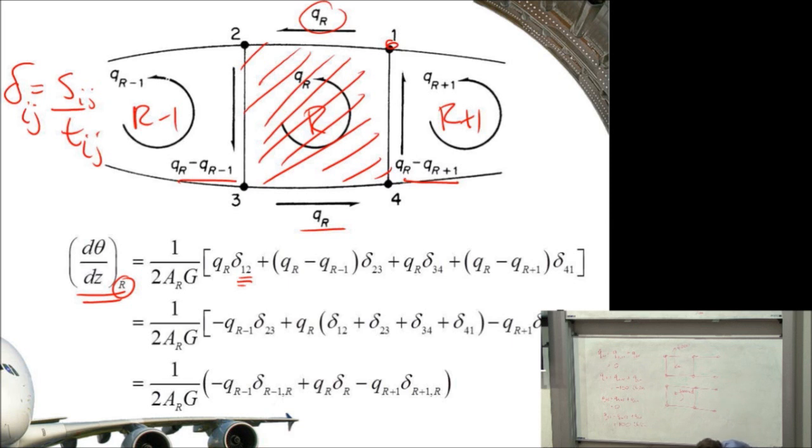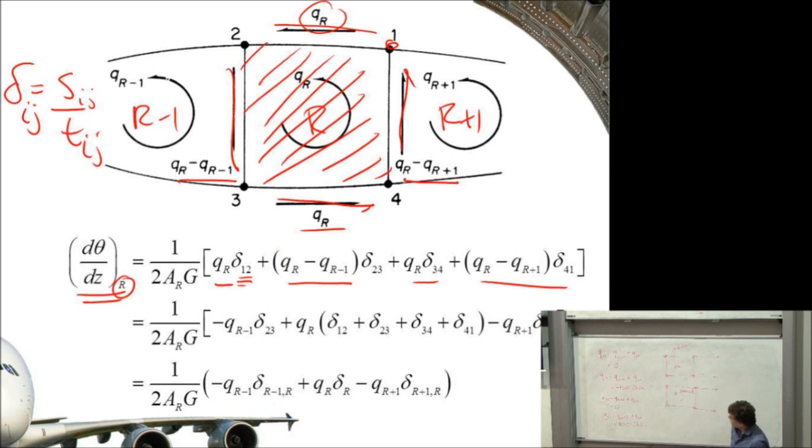so if we go around the loop, if we start at 1, 2, we get QR times delta 1, 2 plus QR minus 1, delta 2, 3. So we've gone this one, then across the bottom, and then up the right-hand side. So we've gone around the loop here.